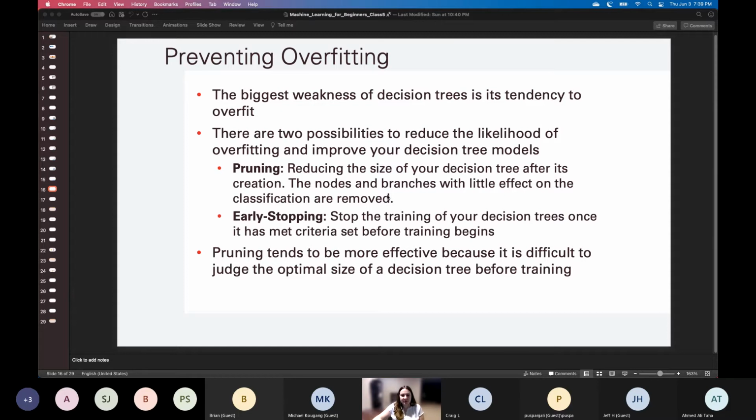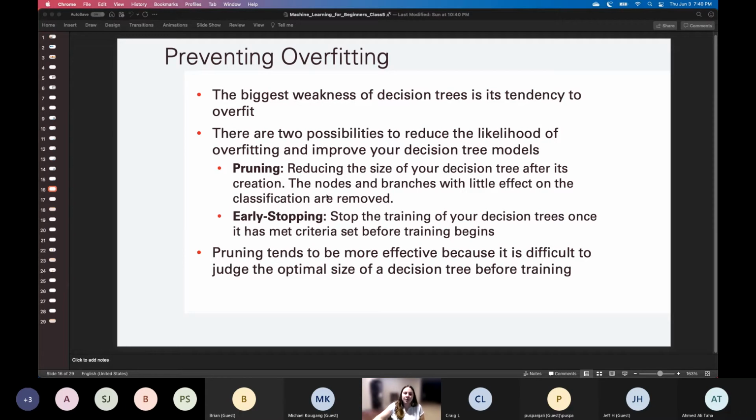So there are two possibilities for fixing this. One is a lot less common. You can actually go back up and prune your tree. The computer basically goes back and looks at those splits that really didn't have a very high information gain, and it gets rid of them.